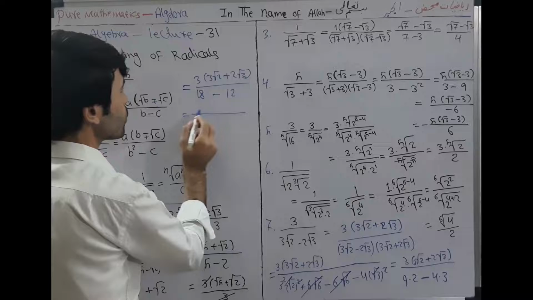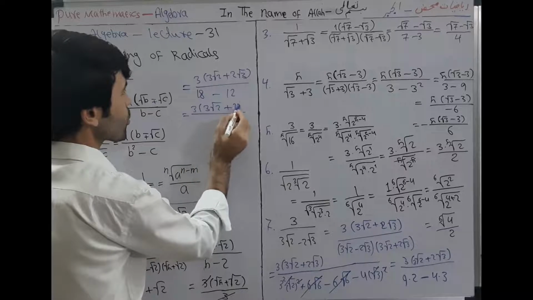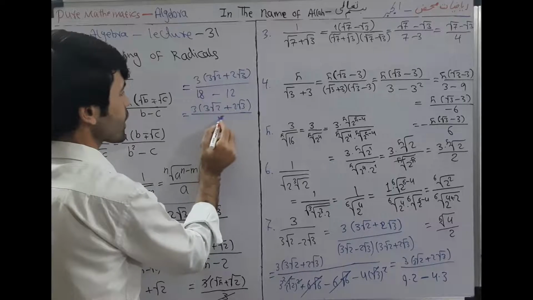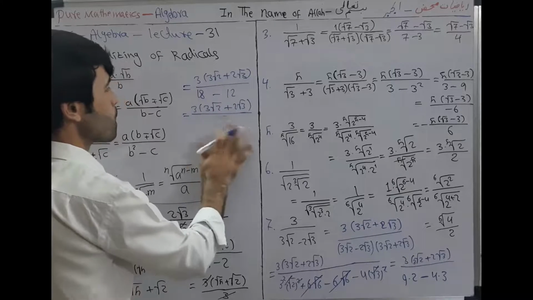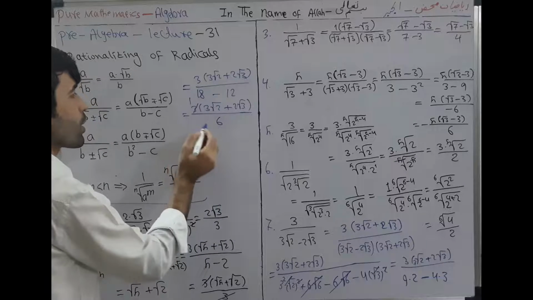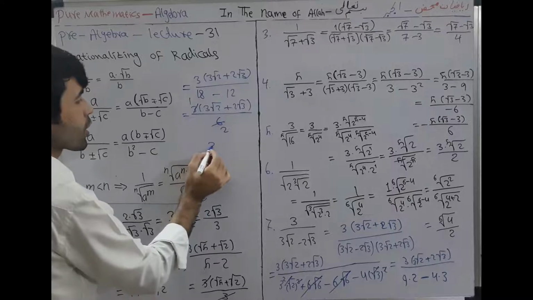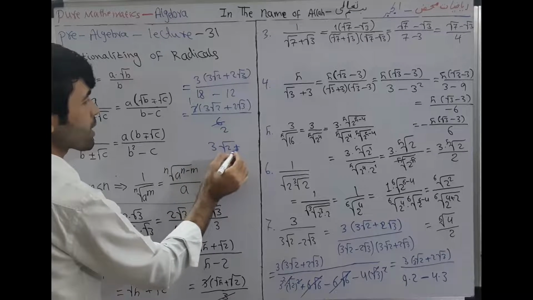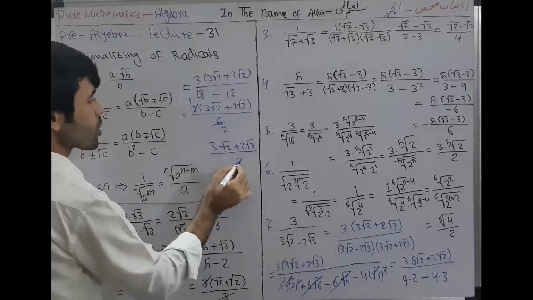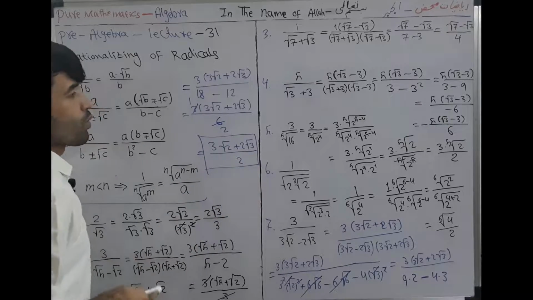It is equal to 3 into 3 square root of 2 plus 2 into square root of 3 over 18 minus 12, 6. We can cancel 3 by 6. Then we get 3 square root of 2 plus 2 into square root of 3 over 2. It is the answer of this question.